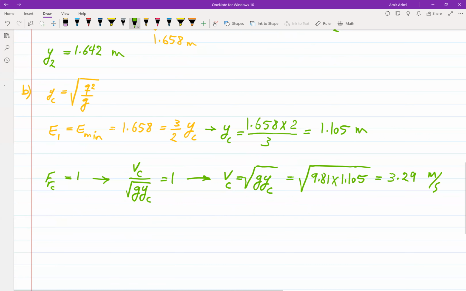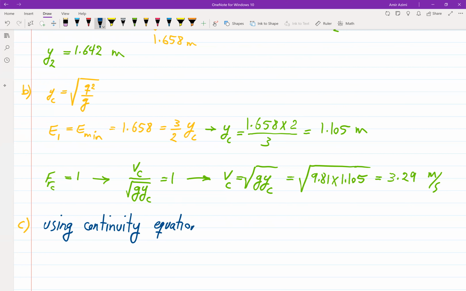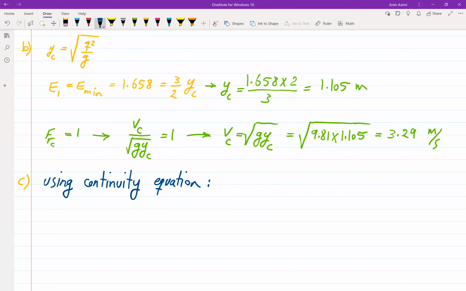Okay. So in part C, now I can use the continuity equation. We have Q equal to YC VC B minimum.